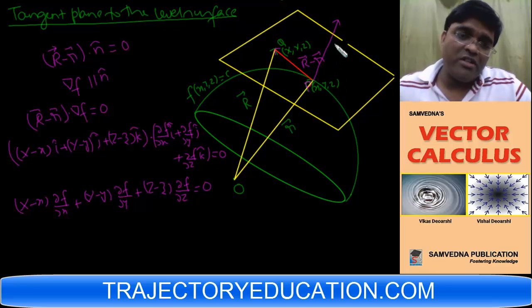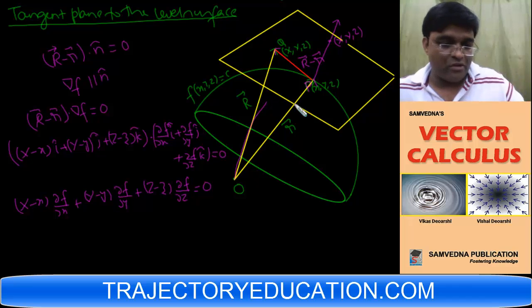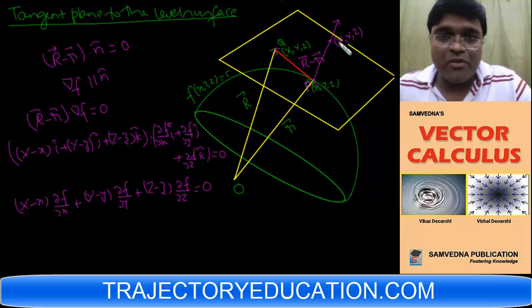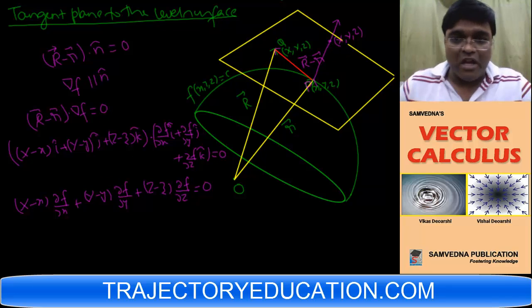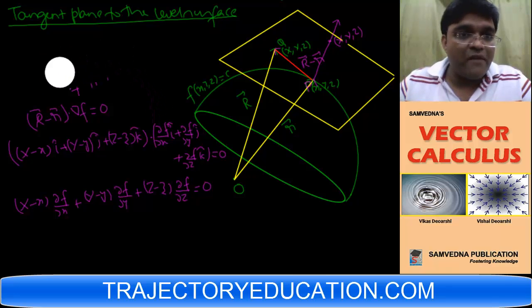So what is the equation of this normal? This is point P at which we are drawing the normal. If I take any general point x, y, z on the normal, that is a point on the normal. Right now, this was the equation of the tangent plane. Now I want to derive the equation of the normal to the level surface.